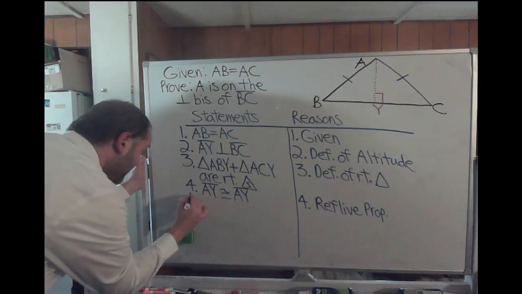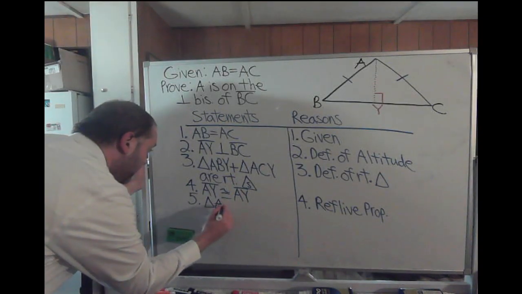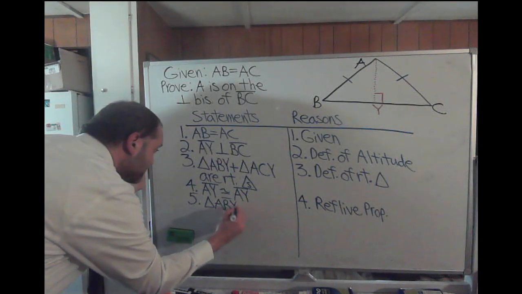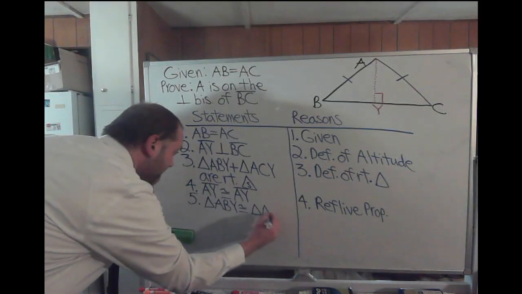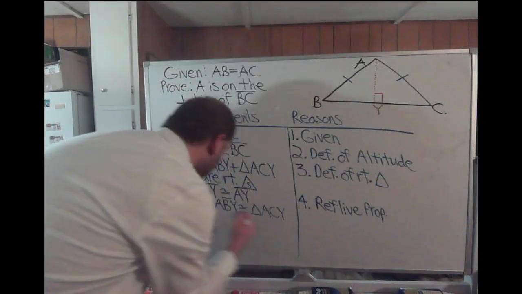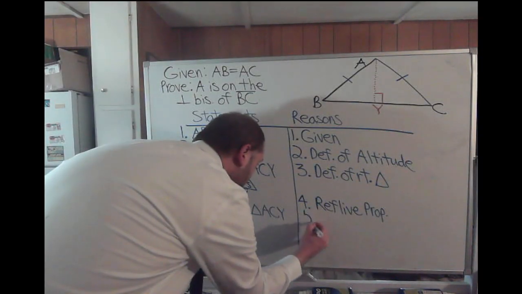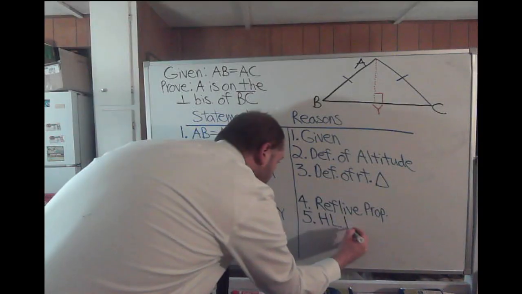We can actually now say that triangle ABY is congruent to triangle ACY by the HL theorem, the hypotenuse leg theorem. So now we've proven these two triangles congruent.